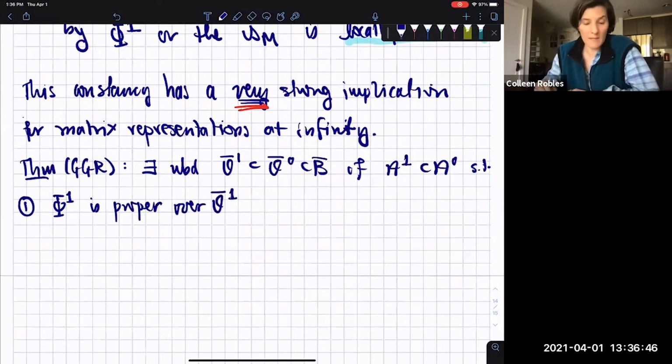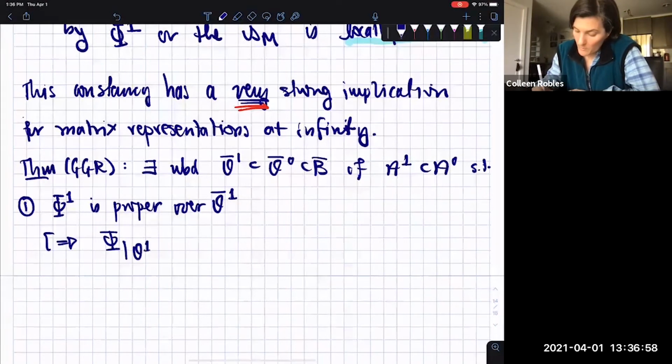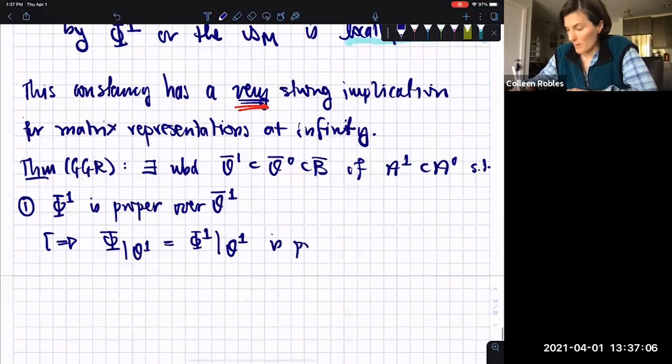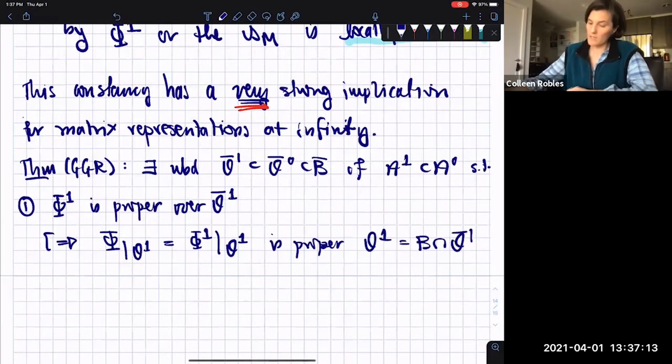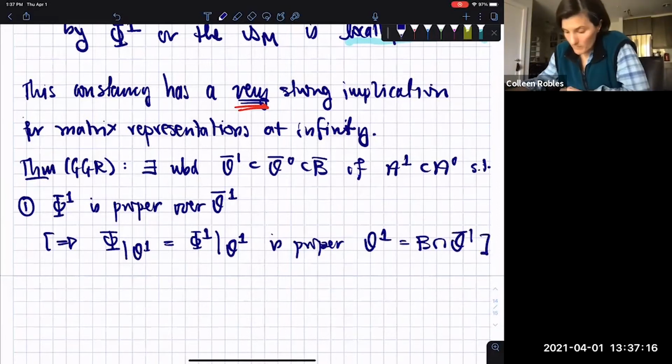Now this map is an extension of the period map itself. So in particular, this implies that phi on O1, which is just phi1 restricted to O1, is also proper. So in particular, O1 is B intersect O bar 1. Okay, and proper will be important later.